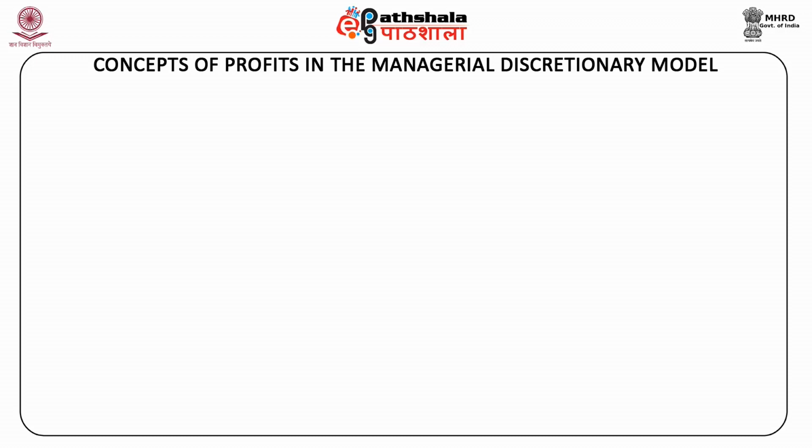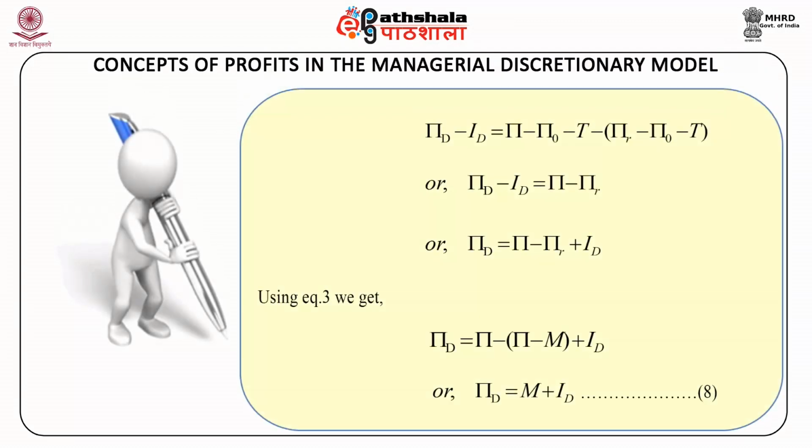This can be derived from equation 6 and equation 7 as follows. Subtracting equation 7 from equation 6, we get pi d minus id is equal to pi minus pi 0 minus t minus pi r minus pi 0 minus t, or pi d minus id is equal to pi minus pi r, or pi d is equal to pi minus pi r plus id.